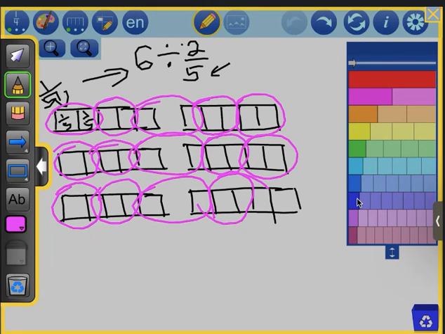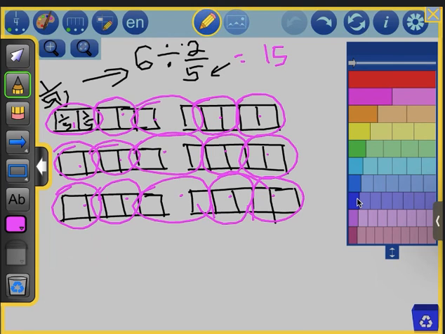Okay, let's see how many groups we have. 1, 2, 3, 4, 5, 6, 7, 8, 9, 10, 11, 12, 13, 14, 15. So again, wow, I have 15 groups of 2/5 that fit into 6, right?